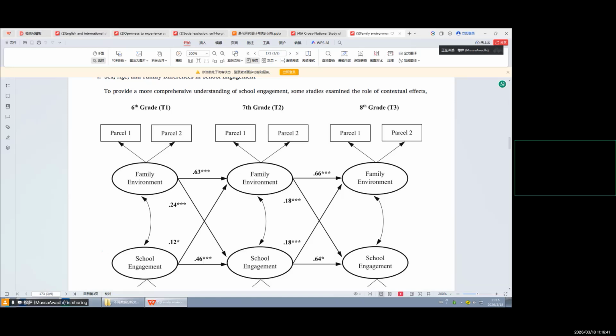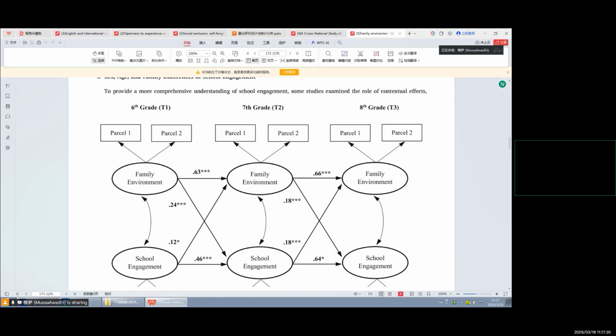I just gave you some examples. Through these examples, you can know that in quantitative studies, we can achieve different goals. We can examine very complex relationships. Only if you know how to conduct the analysis, you can examine very complex educational phenomena.